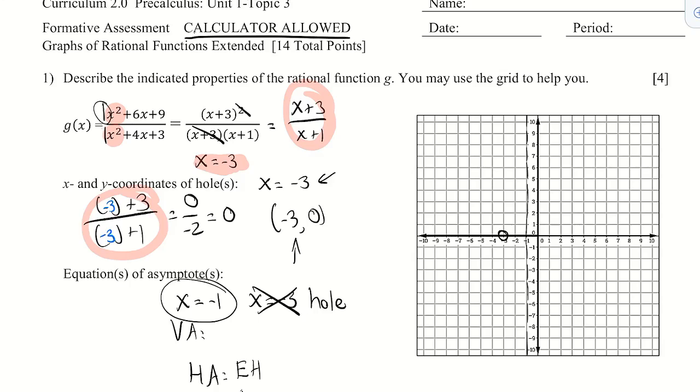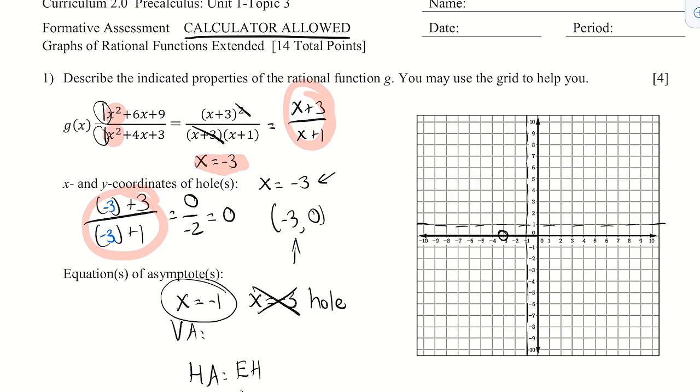If it was, let's say, 2x squared over x squared, that would be y equals 2 over 1. But in this case, it's just y equals 1, which is my horizontal asymptote. That does not necessarily mean that the graph can't intersect the horizontal asymptote. The horizontal asymptote really just describes the end behavior for this graph.